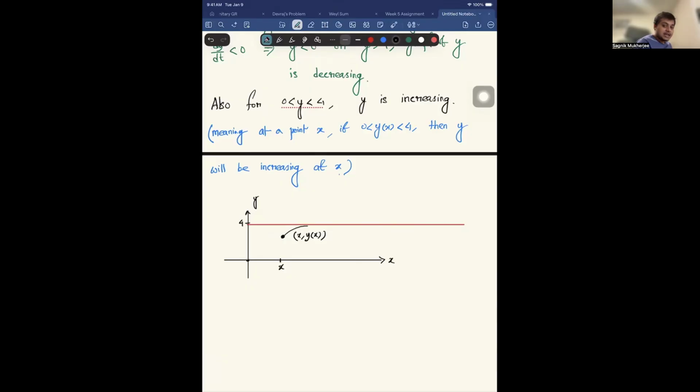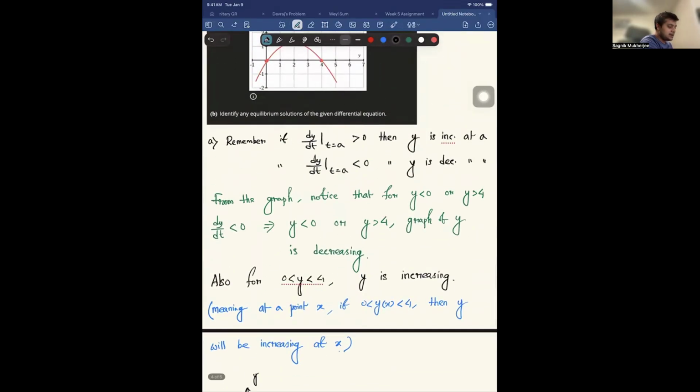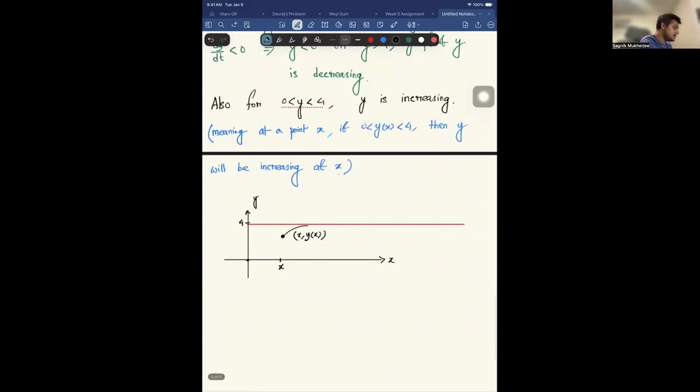Because if it ever becomes 4, then immediately as it surpasses 4, it is decreasing. So it is increasing, increasing, and suddenly it will decrease. That doesn't work. Do you see what I'm trying to say? Meaning that it will increase like this.